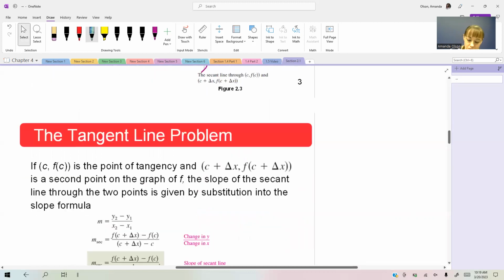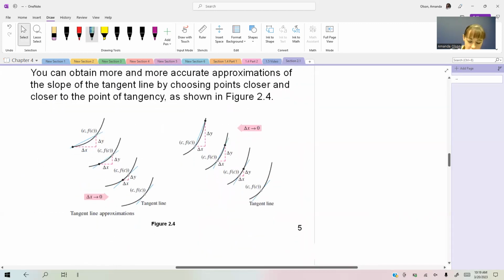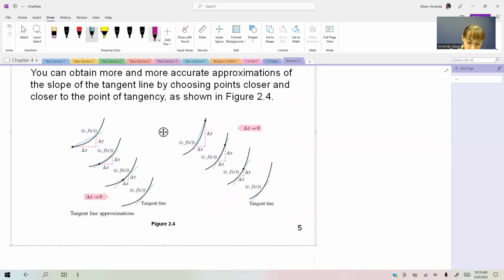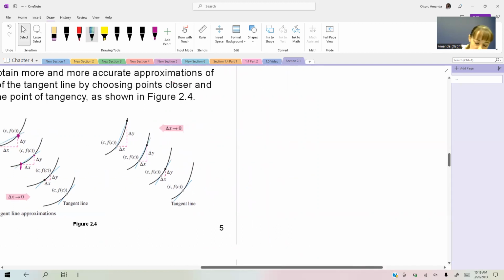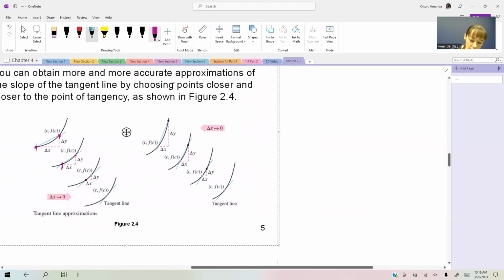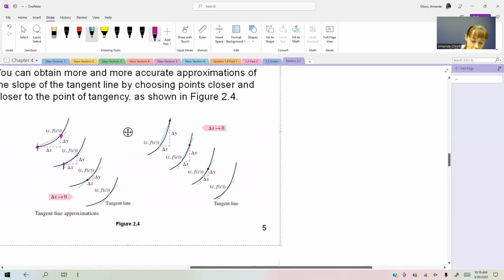Ideally, though, we find a series of secant lines, and we start choosing values of x. So we have our initial x, and then an x value to the right. And if we choose x values that are closer together, then we have a secant line whose slope resembles more of the change of the curve.